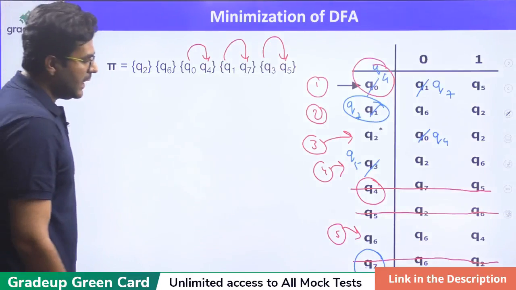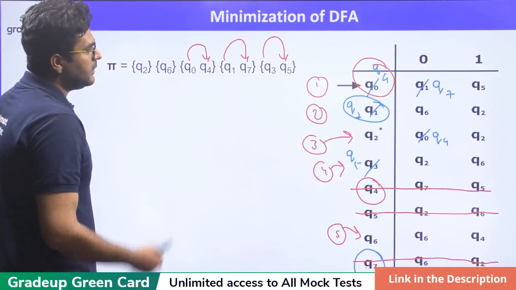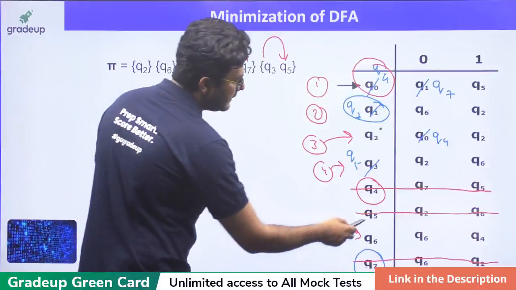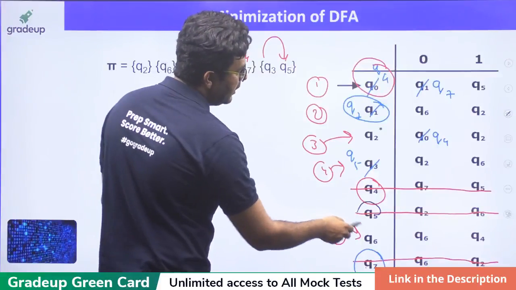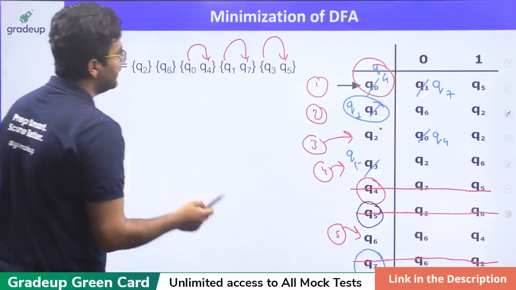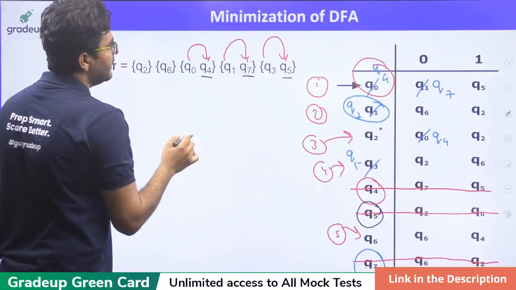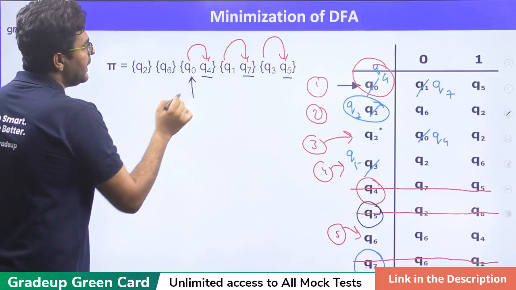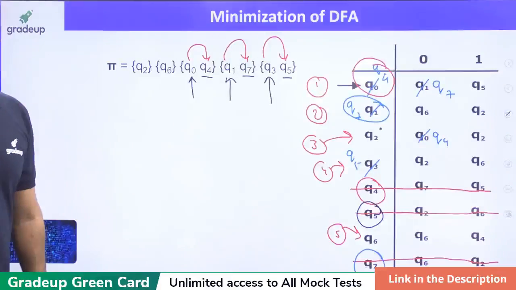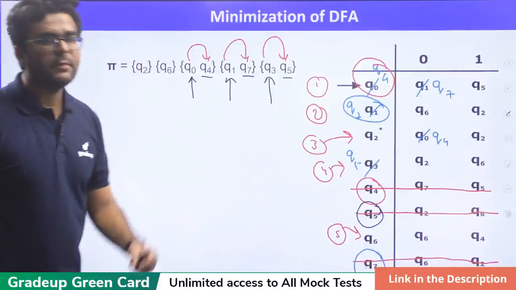And at last, I figured out that the Q3 state has the same transitions as this state. So that's why I deleted Q4, Q5 and Q7, and I replaced their names by these three states. When I did that, the minimum automata came into the picture.